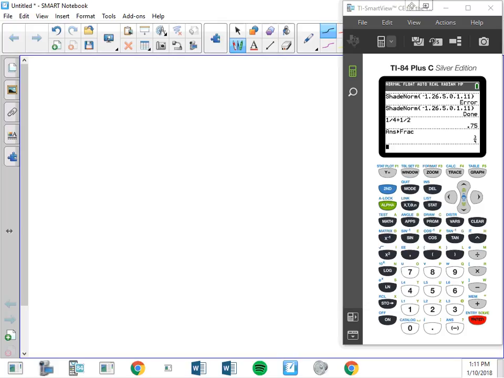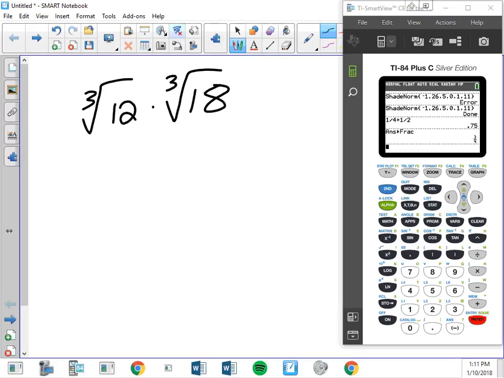Look on page 201 and example 2. The third root of 12 times the third root of 18. The radicals are the same, so I multiply the 12 and the 18. 12 times 18 gives me 216.